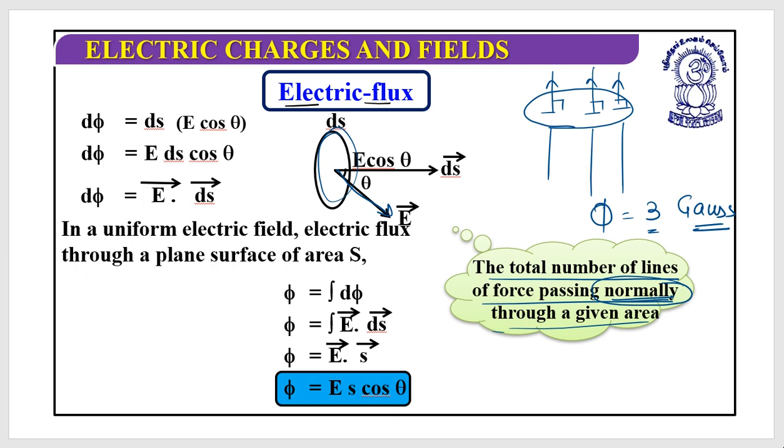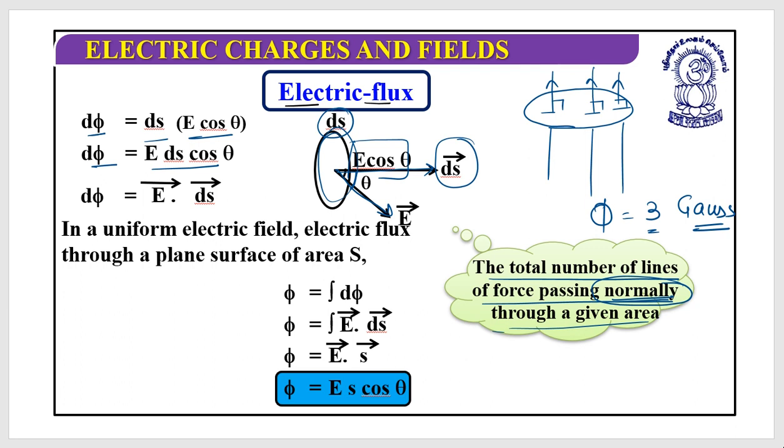So if I take a component, this is E cos theta, and this is the area vector. Now this is dS and this is the area vector in this direction. So if I write d phi, it would be dS into E cos theta, so d phi is equal to E dS cos theta.